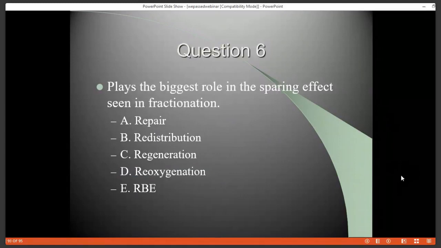Question 6. Plays the biggest role in the sparing effects seen in fractionation.